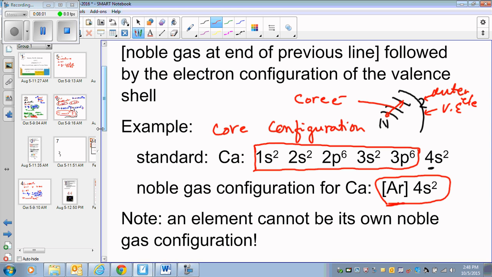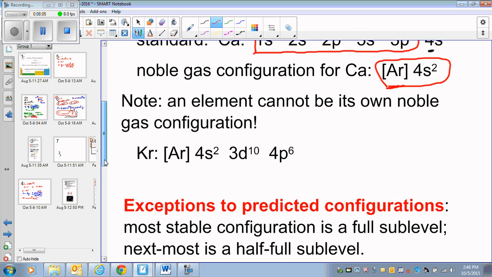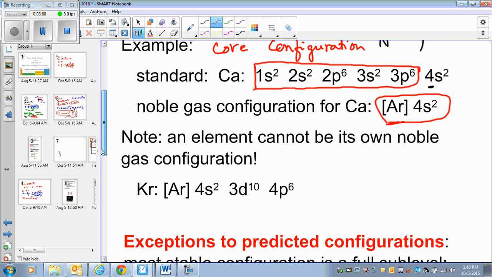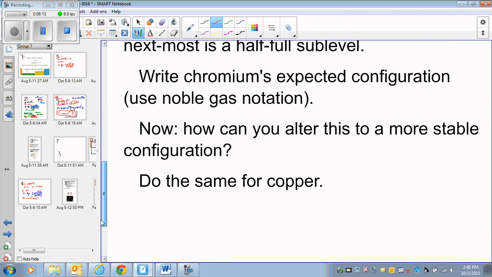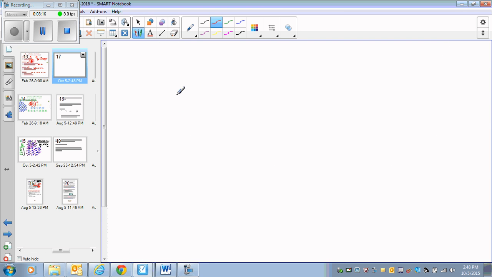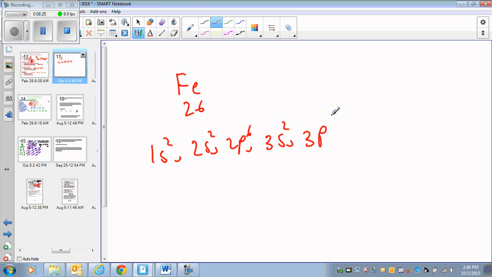So for example, we have iron. Let's do the electronic configuration of iron. Iron has 26 electrons. So we go 1s2, 2s2, 2p6, 3s2, 3p6, 4s2, and then 3d6.